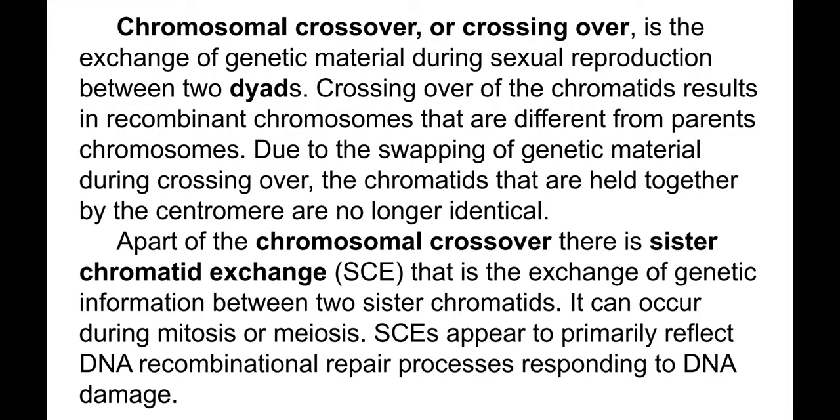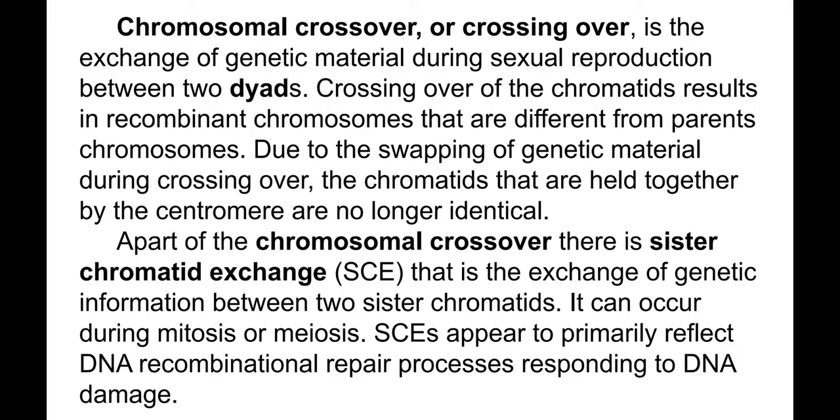Chromosomal crossover, or crossing over, is an exchange of genetic material during sexual reproduction between two dyads. Crossing over of the chromatids results in recombinant chromosomes that are different from the parents' chromosomes. Due to the swapping of genetic material during crossing over, the chromatids that are held together by the centromeres are no longer identical.